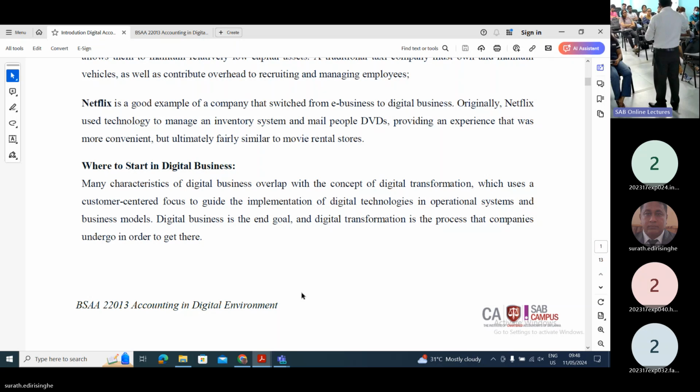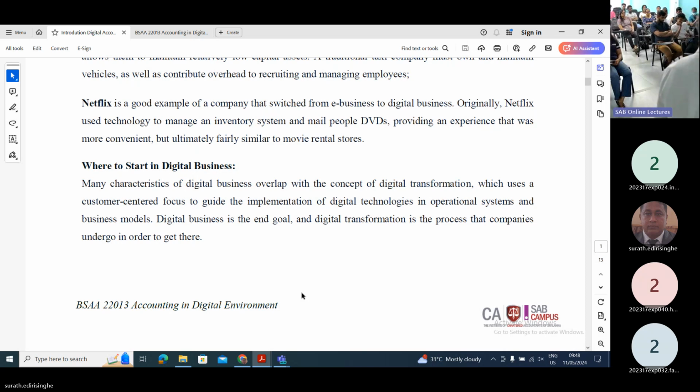The end goal is becoming a digital business. Many characteristics of digital business overlap the concept of digital transformation, which uses a customer-centric focus to guide the implementation of digital technologies in operational systems and business models.